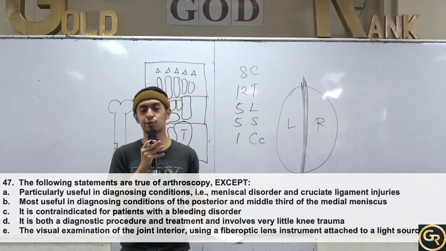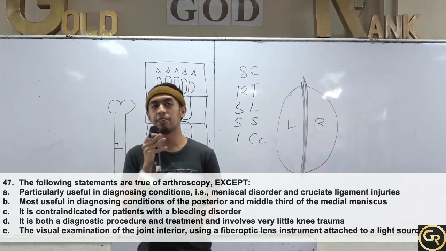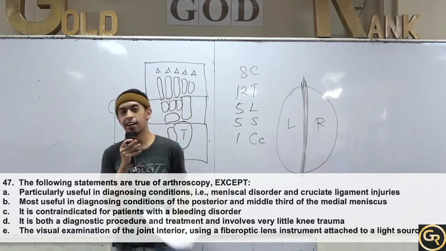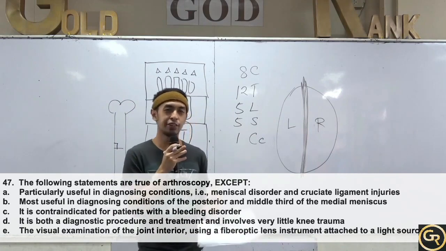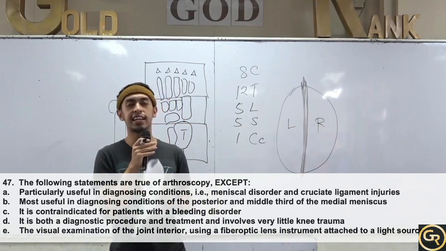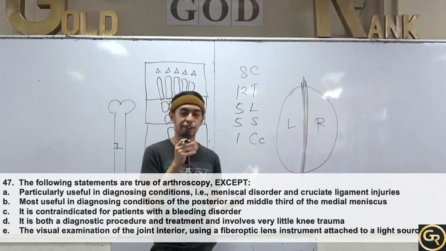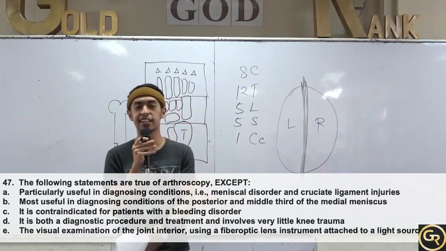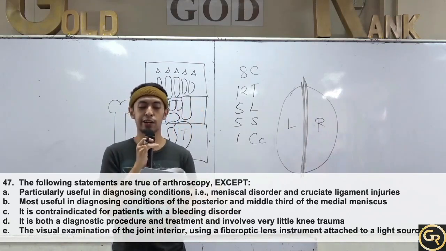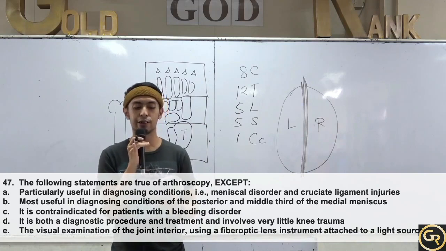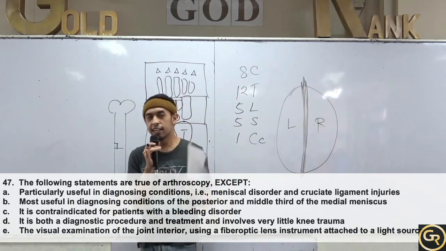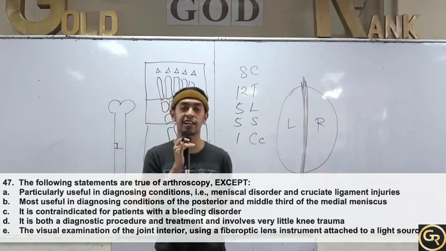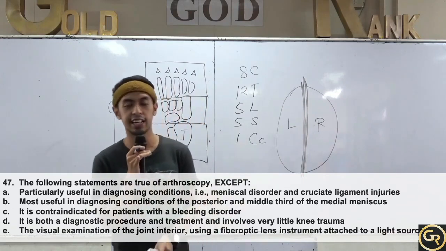For this one, it depends on what surgical technique you will use for your arthroscopy. You have your outside-in technique and you also have your inside-out technique. This one, which is more useful for the posterior third and middle third of the medial meniscus, would be applicable for your inside-out technique.